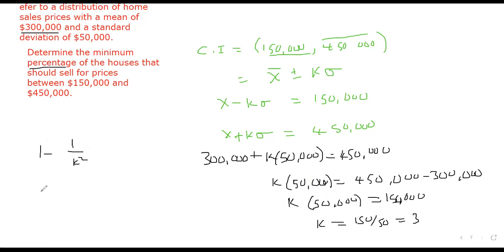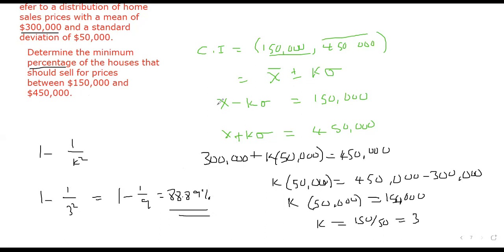But since my students master this, I like simplifying your life. Even if we don't do that, you know the table, memorize the table. What is 3? 88.89. So 88.89% of the houses will sell between 150 and 450.